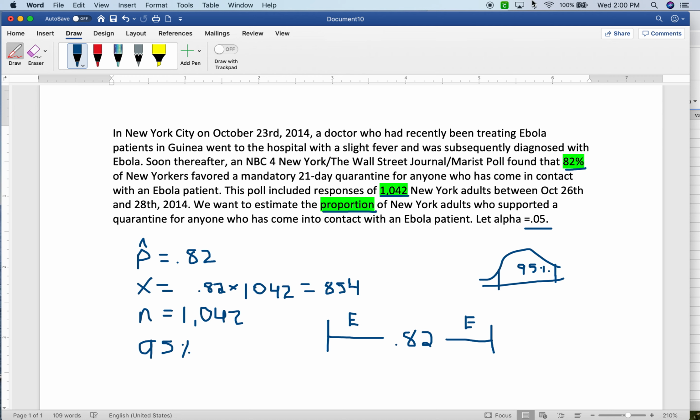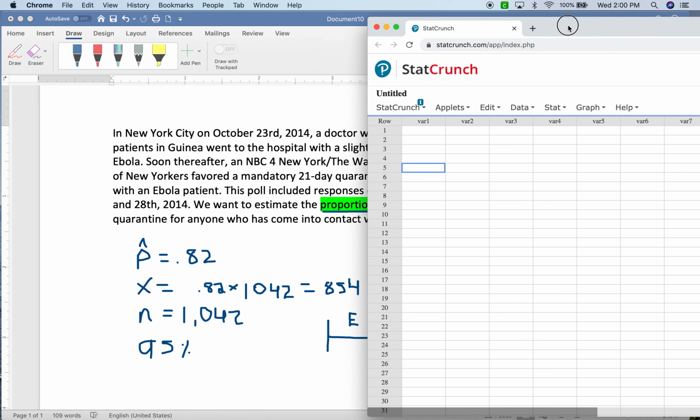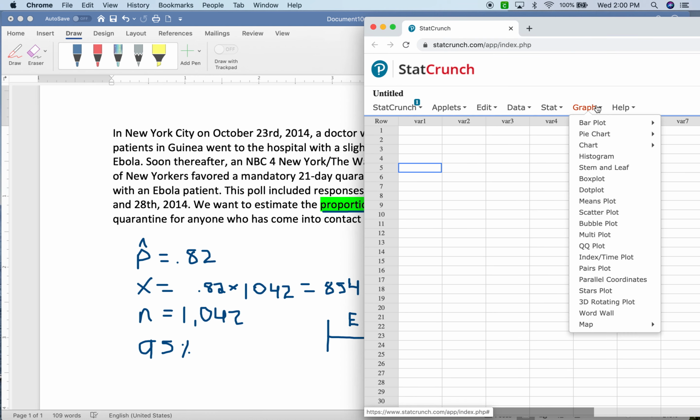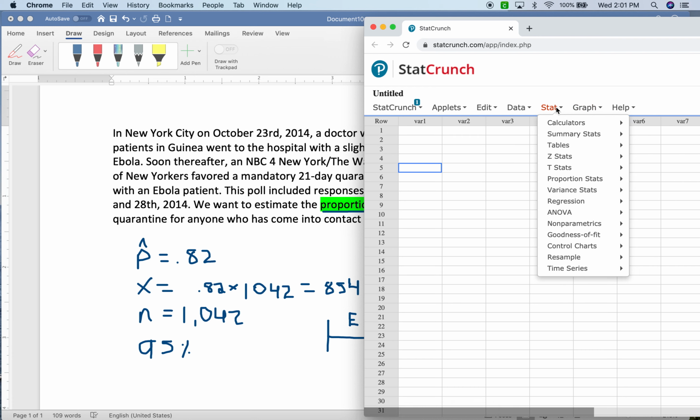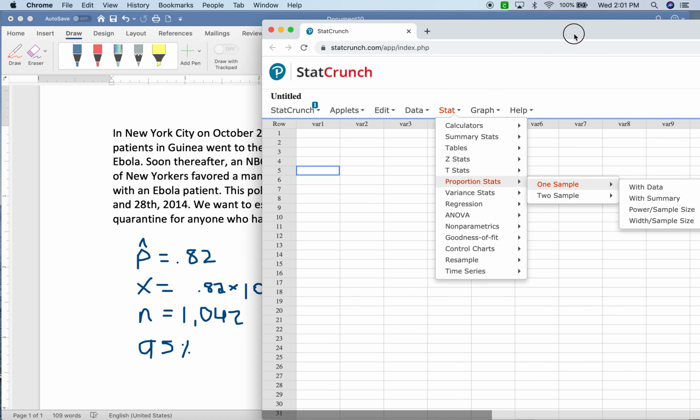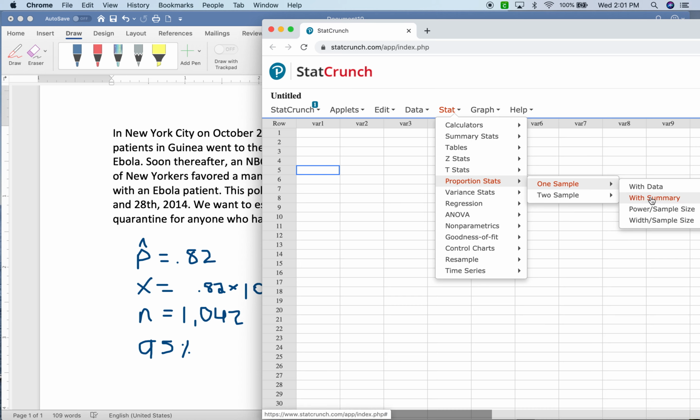Now that we have all of this, we can go into StatCrunch, and we're going to put all this in. We have Stat, and this one we are doing in proportions, so we're going to go to Proportion Stats, and we have one sample, and we just have our summary here. So we're going to use our summary. If you had a data set in StatCrunch, then you would use With Data.